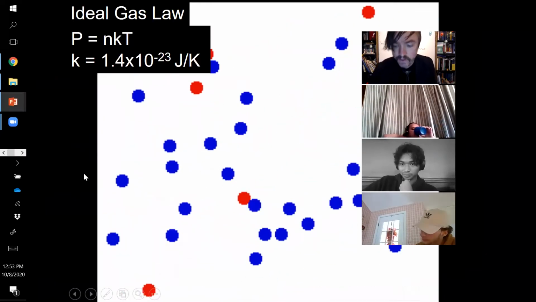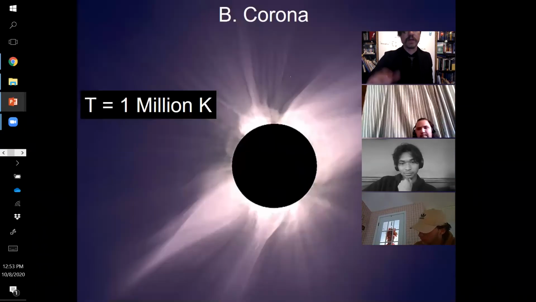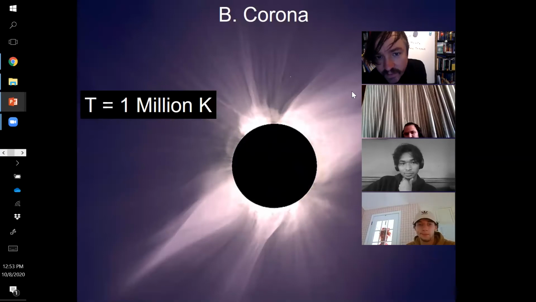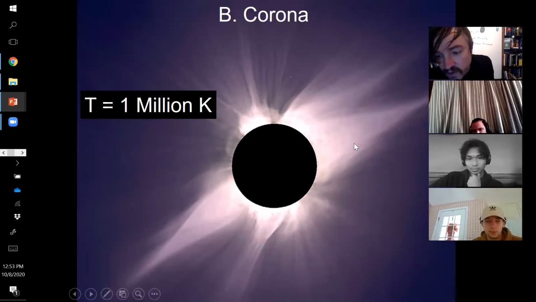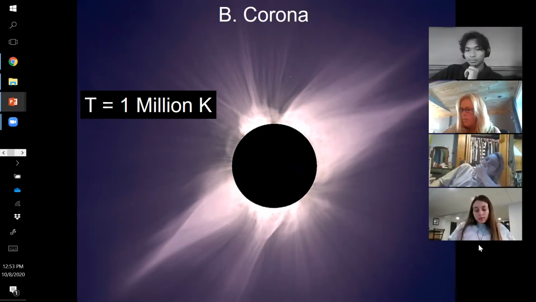All right. So real quick, I'm going to fly ahead for a moment. The corona is a very high temperature, wispy outer layer of the sun. It actually generates mostly X-rays, but it is so hot at 1,000,000 Kelvin that it gives off some visible light. Now, we talked about eclipses briefly.